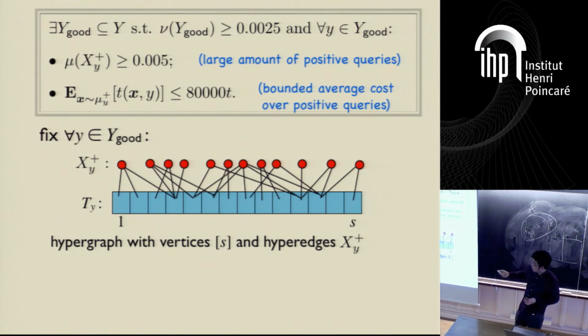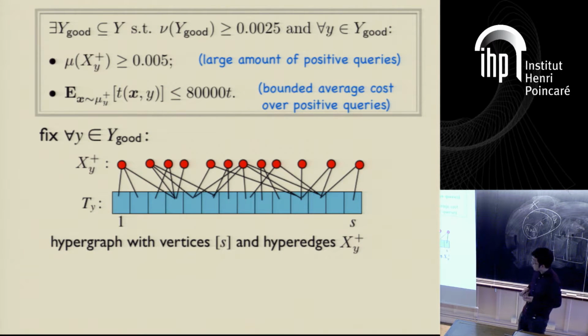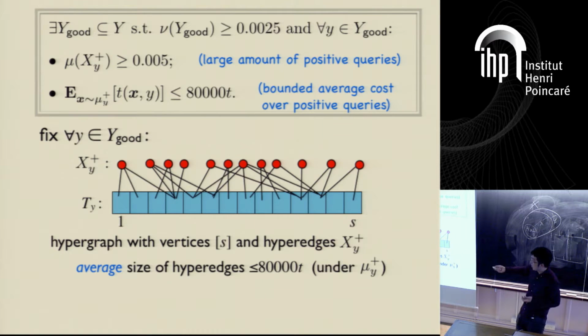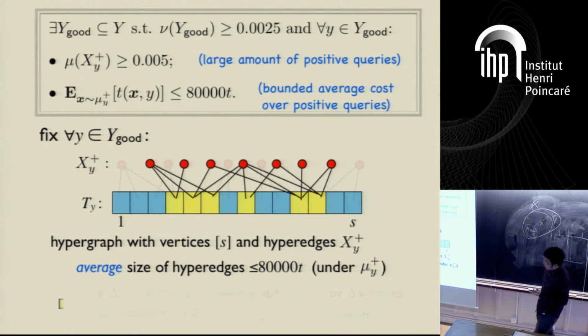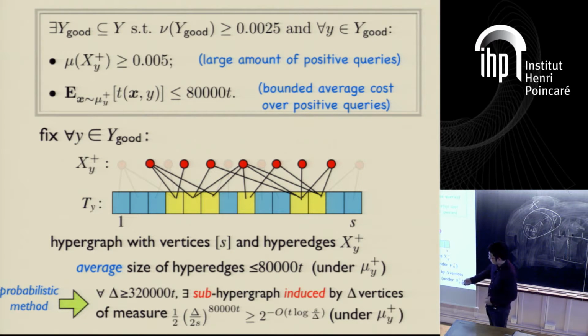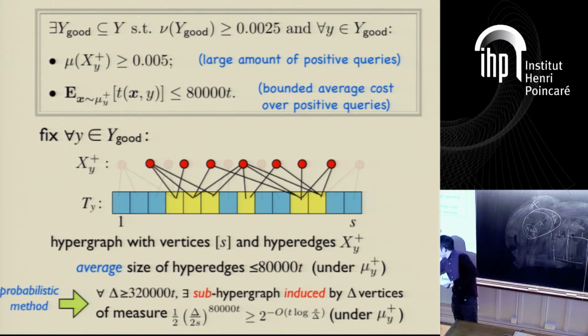What we know about this hypergraph is that it has many hyperedges, and the average size of the hyperedges is bounded, because that's just the average case complexity. Then by the probabilistic method, we can show that for any delta, there always exists a subset of delta vertices that induce a subhypergraph with many hyperedges. It's just an easy probabilistic method proof.